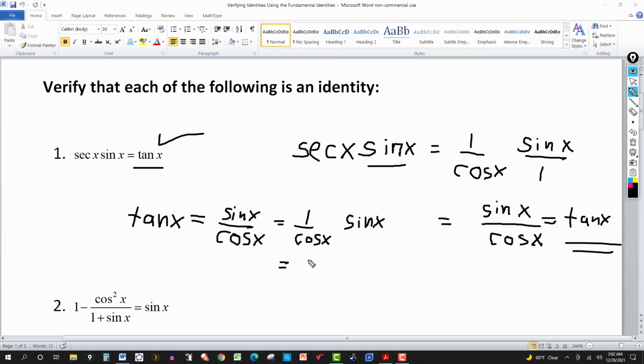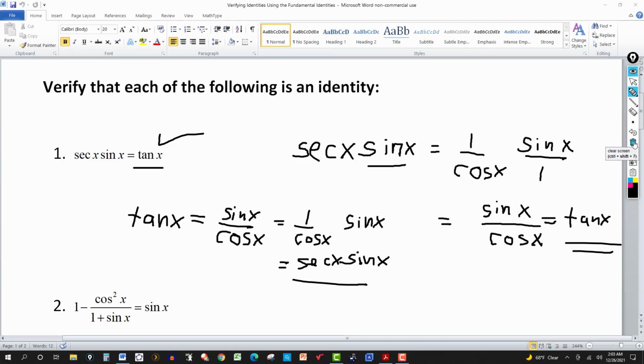So 1 over cosine is the same thing as secant of x. And then I got the sine of x. And it's confirmed.